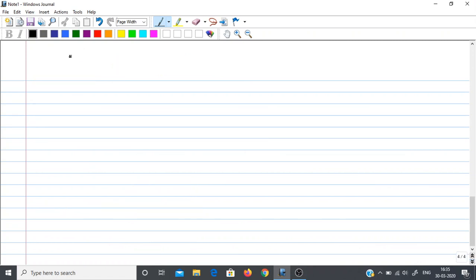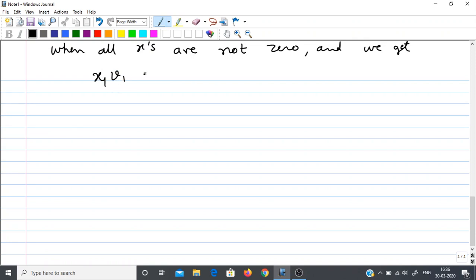So linear dependence means when all x are not zero and we get, for some combination, x1 v1 plus x2 v2 plus so on xn vn equals a zero vector.